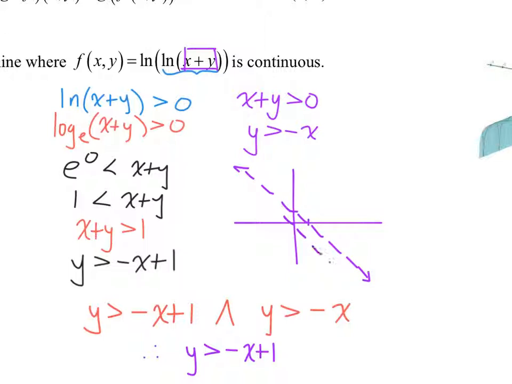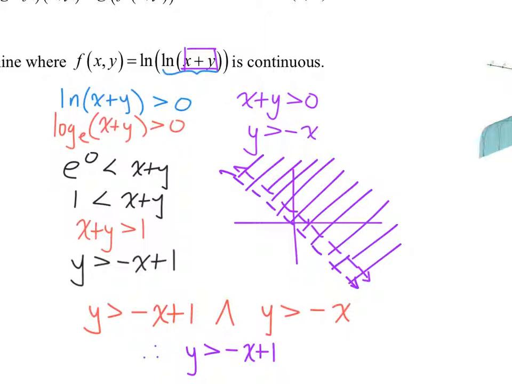Here's negative x. If we're going to have a region that's greater than the lower of the two functions, while also being greater than the higher of the two functions, the overlap would be a little darker. The region above y equals negative x plus 1.